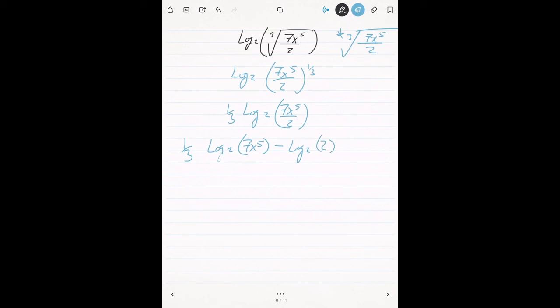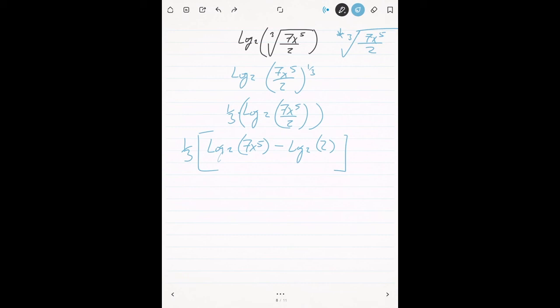Watch what I'm going to do right here. I'm going to put parentheses all around this. This is saying 1/3 times this whole thing. So when I simplify this to here, I would still have to distribute the 1/3 through to everything.